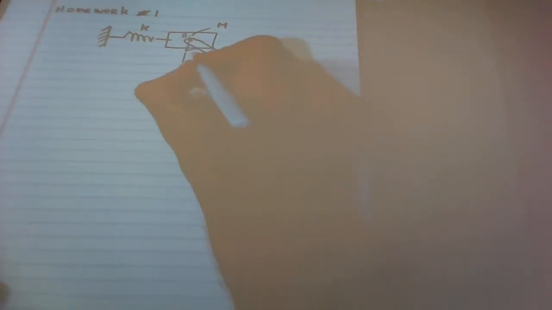Then the angle between the bar and the mass, we call it theta, and this bar is going to have a mass little m and length L. Okay, and this, let's say, is rolling on a surface.